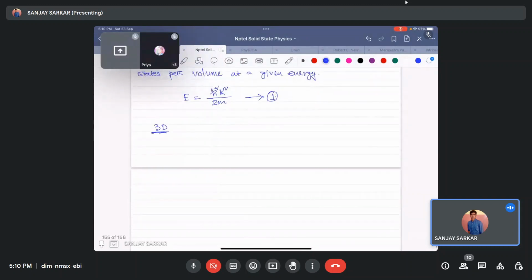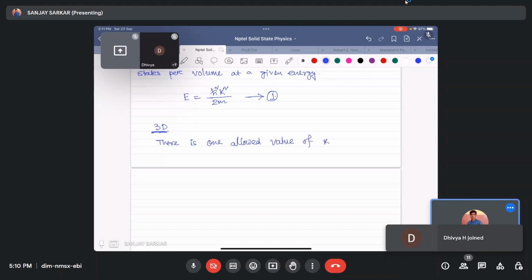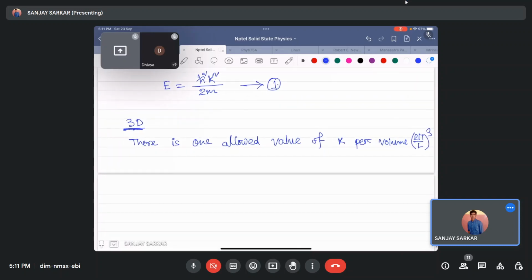From quantum mechanics you can show that there is one allowed value of k per volume (2 pi by L) cube. So one state is there per volume (2 pi by L) cube in k space. That comes from the boundary condition in k.